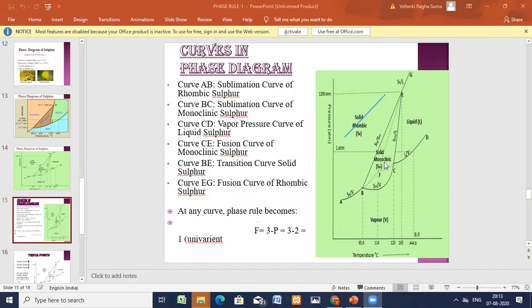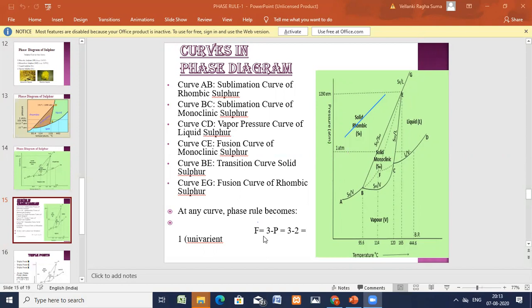Again, solid and vapor, liquid and vapor, liquid and solid, solid and liquid. If you take any curve, AB, BC, CD, CE, EG, wherever it may be, for each curve you are getting two phases. So F is equal to C minus P plus 2.